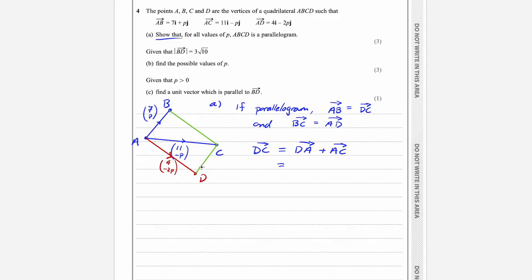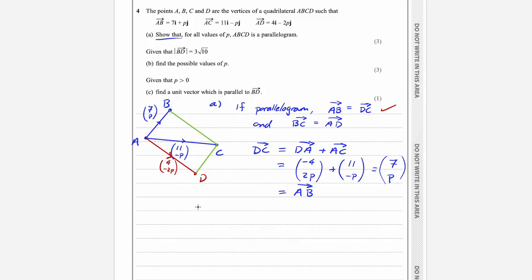DA is negative 4 plus 2P, plus AC is 11 minus P, and this equals 11 minus 4 is 7, and 2P minus P is P, 7P. That is AB. So the first one is true, AB equals DC.